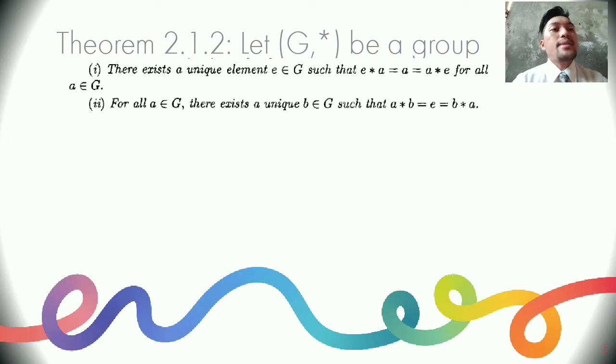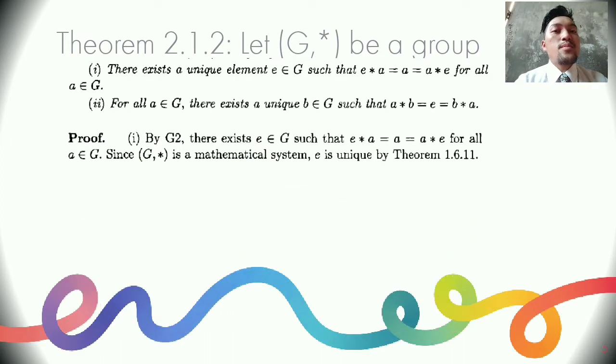For number 1, we prove it by using G2: there exists e that belongs to G such that e star a equals a equals a star e for all a that belong to G. Since (G, star) is a mathematical system, then e is unique by Theorem 1.6.11.